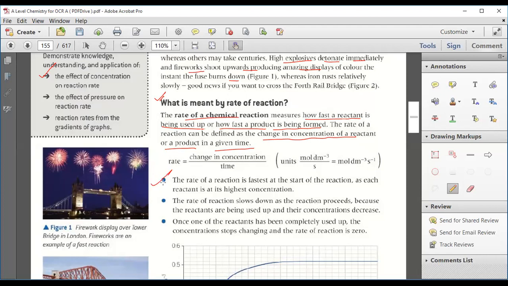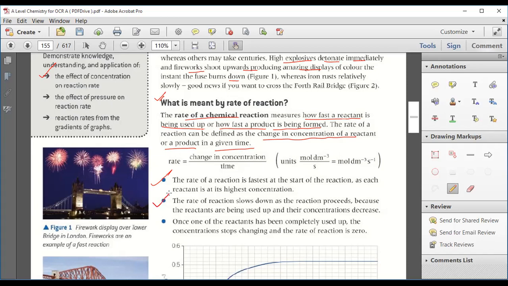Simple. The rate of reaction is fastest at the start of the reaction as each reactant is at high concentration. Whenever it is starting, the rate of reaction is very, very high as each reactant is in very high concentration. Now the rate of reaction slows down as the reaction proceeds because the reactants are being used up and the concentration decreases.